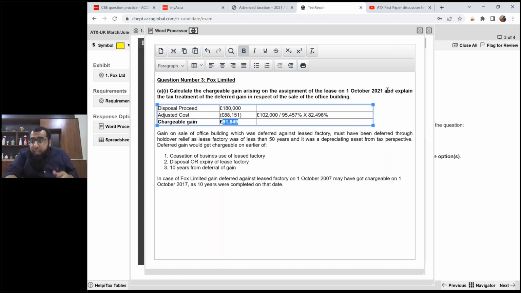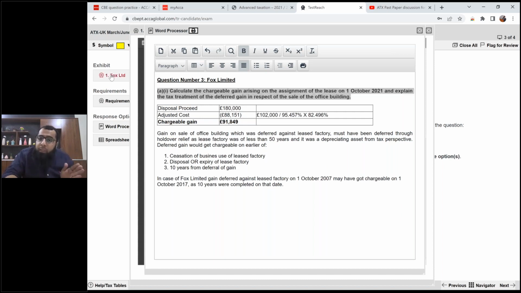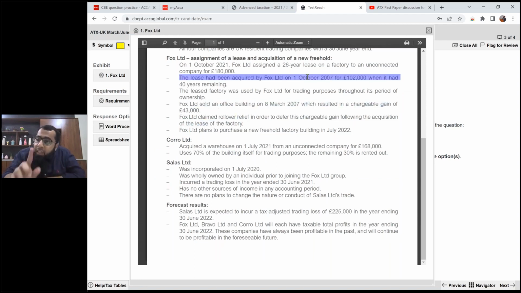Now, one thing separate I'm talking. Explain the treatment of the sale of the office building. The office building was sold in March 2007. Its gain was deferred with the lease factory. The lease factory was acquired in October 2007.